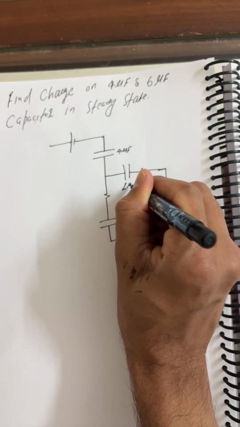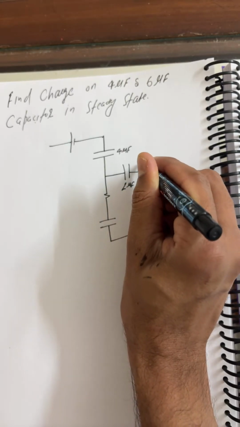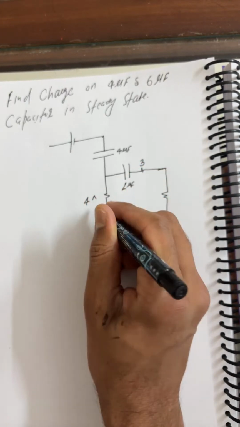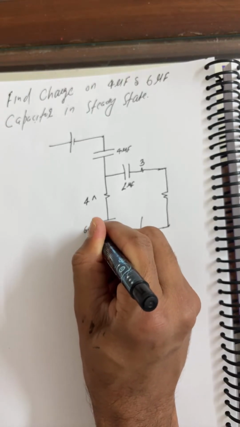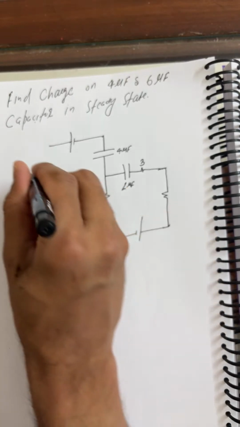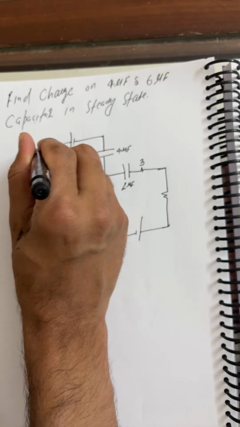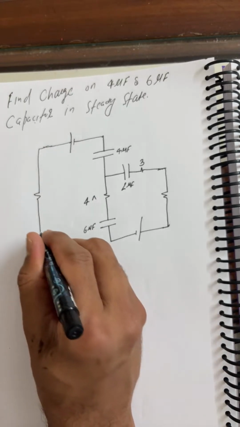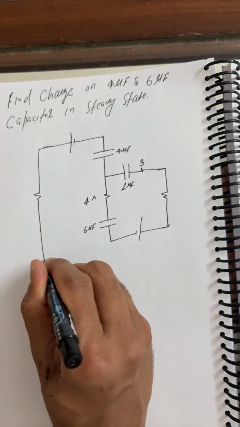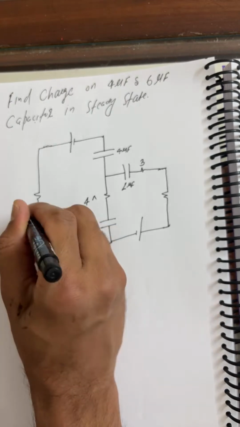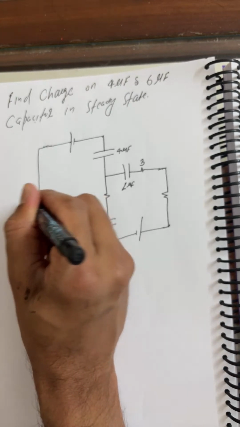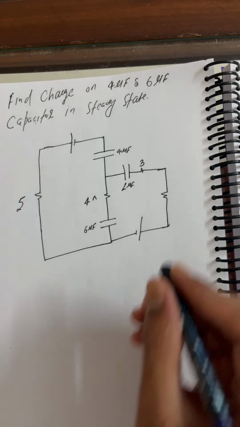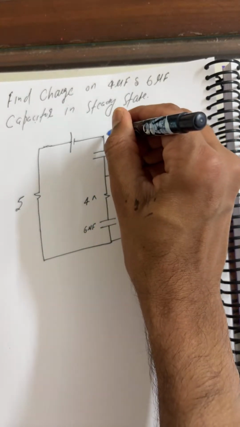This is 2 microfarad, this is 3 ohm, 4 ohm, 6 microfarad, 5. I have to just close this circuit, student.